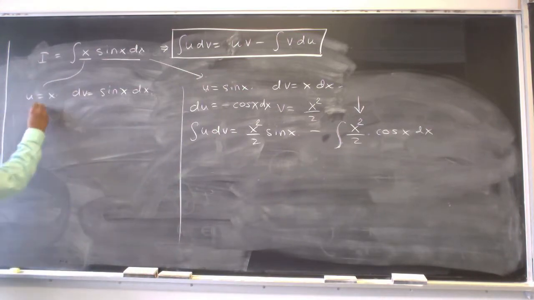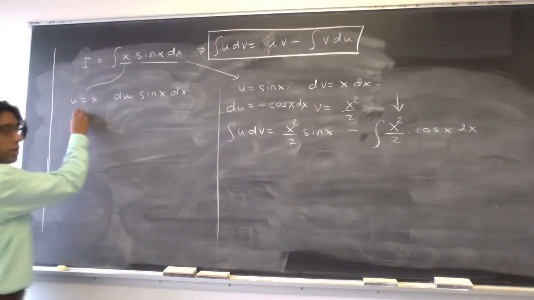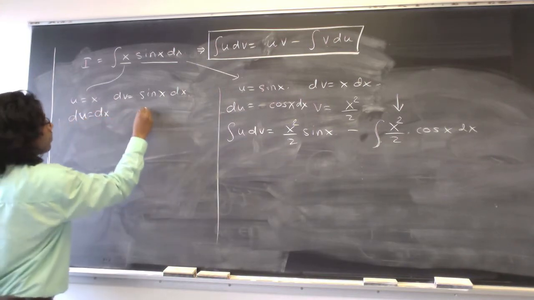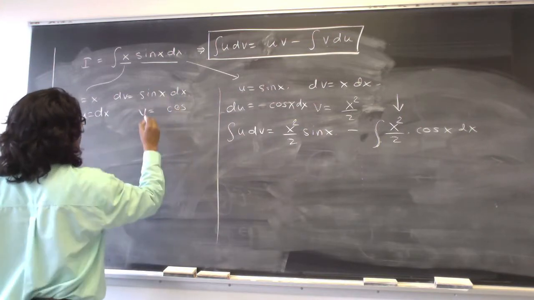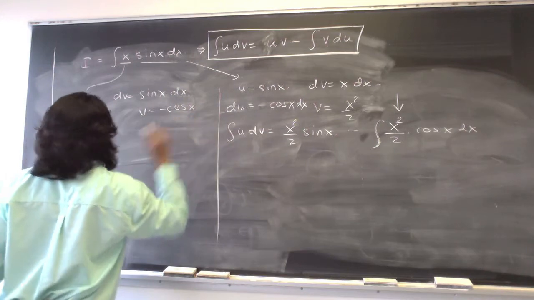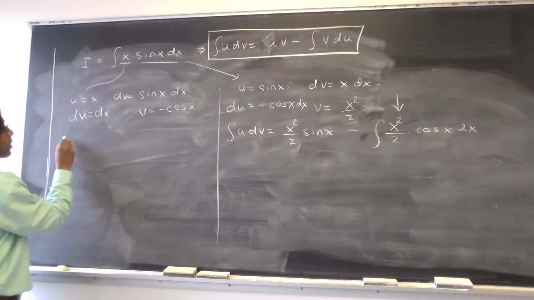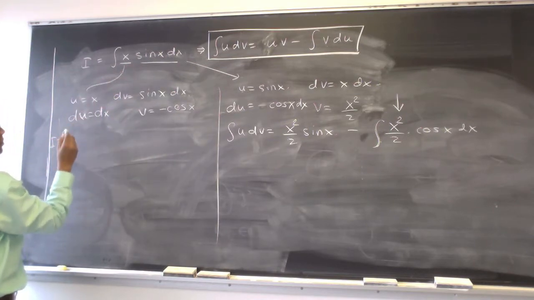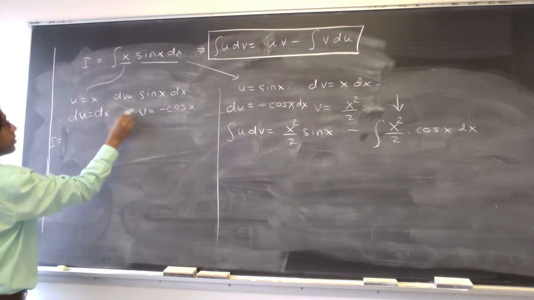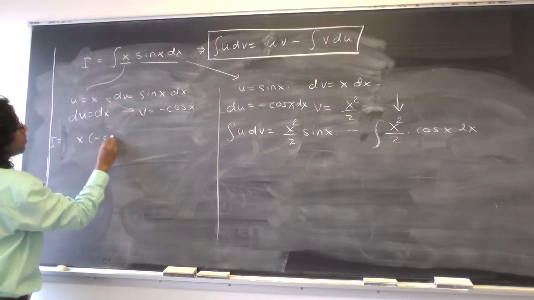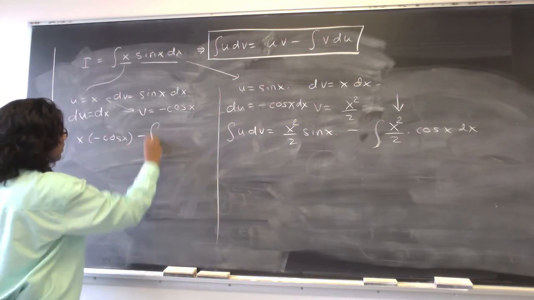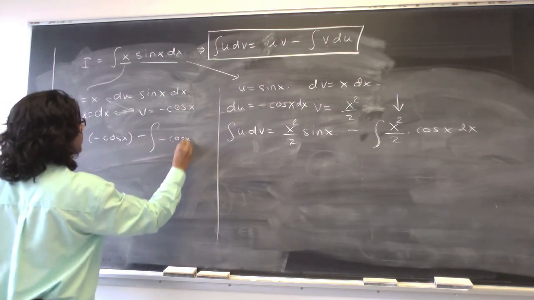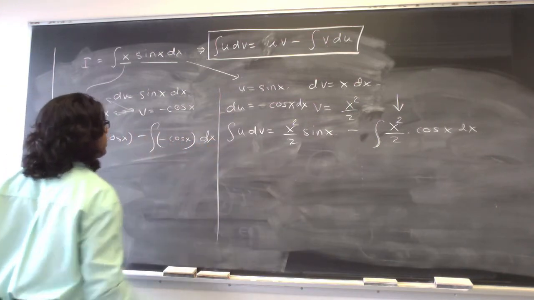So let's go back to the first choice. In the first choice, you have u equal to x, so du is dx, and v is, okay, the antiderivative of sine, which is cosine with a minus sign. Okay, so the integral of x times sine of x will be equal to uv, which is x times minus cosine of x, minus the integral of v du, which is minus cosine of x times dx.